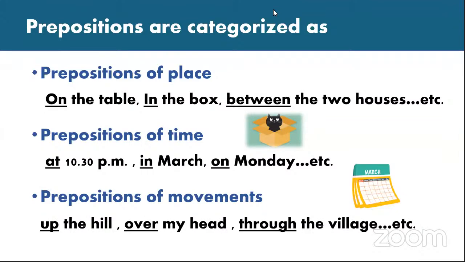They are categorized under prepositions of movements. Okay, now you have learned 3 types of prepositions. Let's see what they are. Prepositions of place, prepositions of time, prepositions of movements.